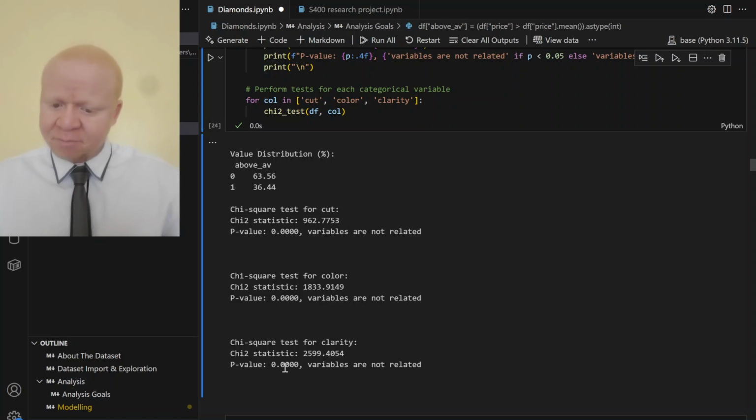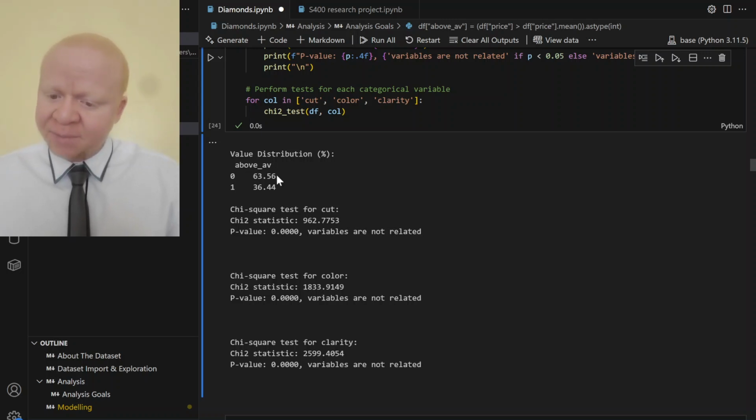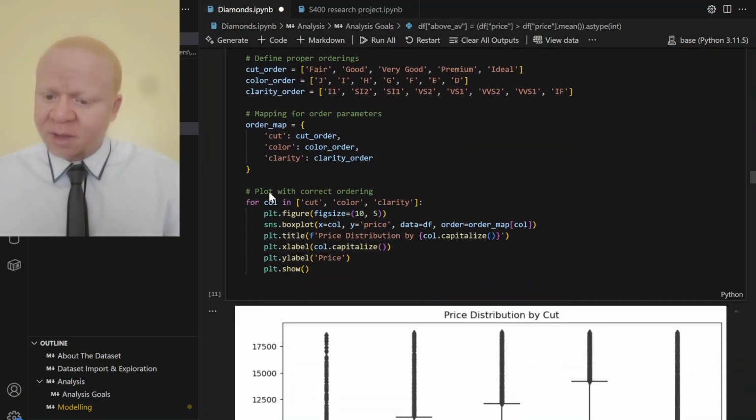We reject the null hypothesis. Anyway, we also see the value distribution of the newly created above average column, that 63% of the diamonds are below average and only 36% of them have above average price. That will be useful later on.